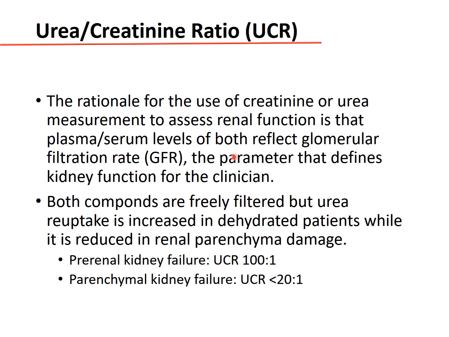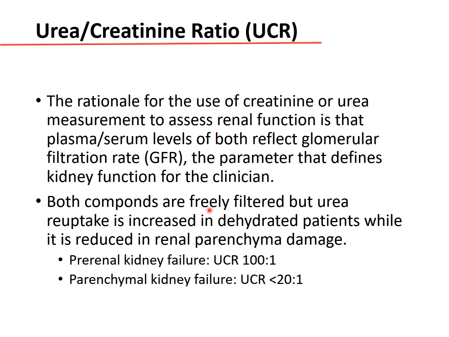Urea creatinine ratio. The rationale of the use of creatinine and urea measurement to assess renal function is that plasma serum levels of both reflect glomerular filtration rate, the parameter that defines kidney function for the clinician.